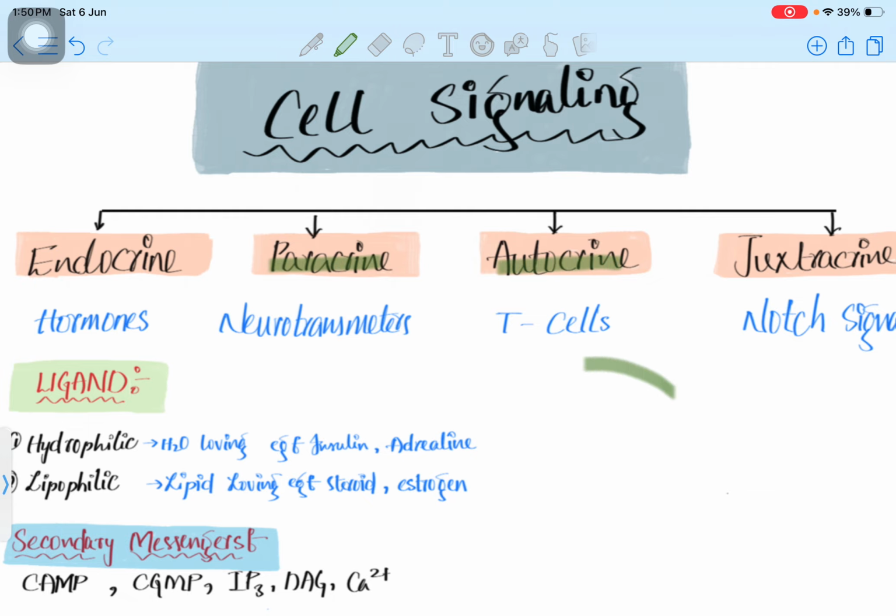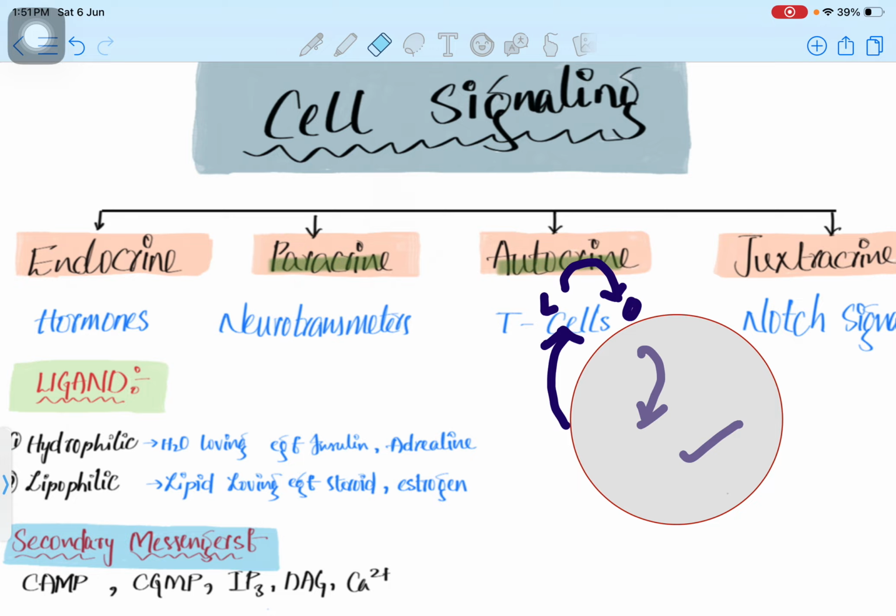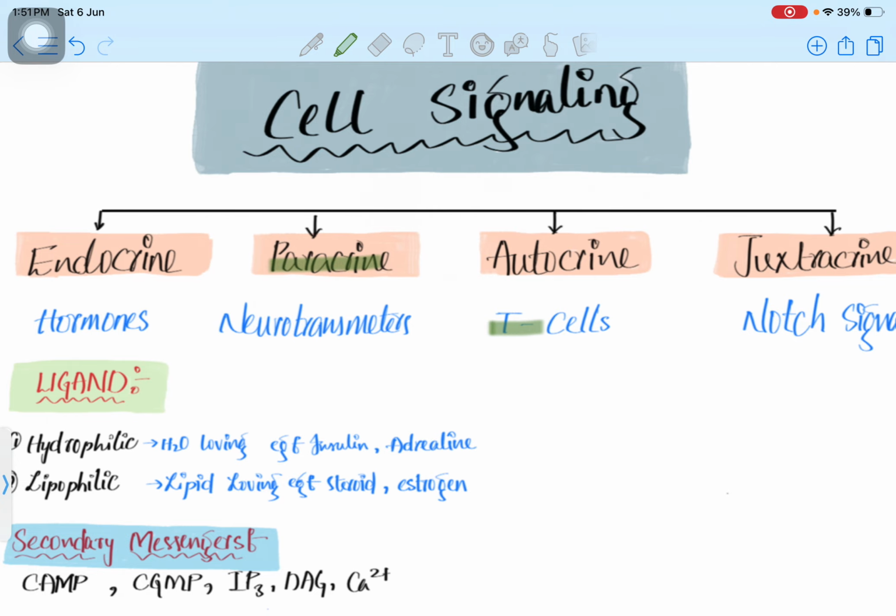And we have another signaling process known as autocrine. In the autocrine, the cell has the receptor on the plasma membrane, and this same cell secretes messengers, ligands, which attach to the receptor, so the receiver is also this cell only. We can call it self-motivation, self-love. These things happen in the autocrine.